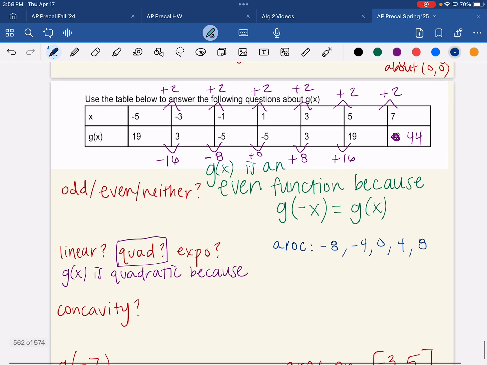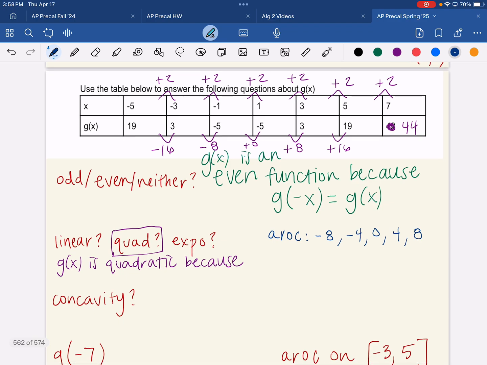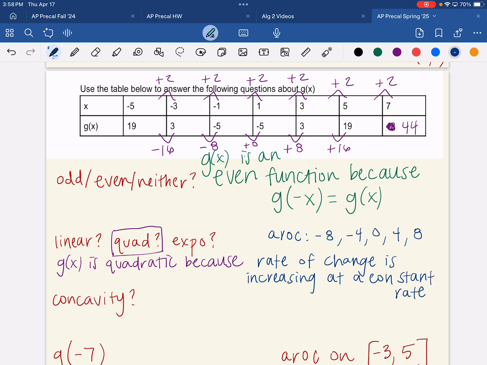So this rate of change is changing at a constant rate. So we could say that the rate of change is increasing at a constant rate. Or you could say it's increasing linearly, like it's increasing in a linear pattern.